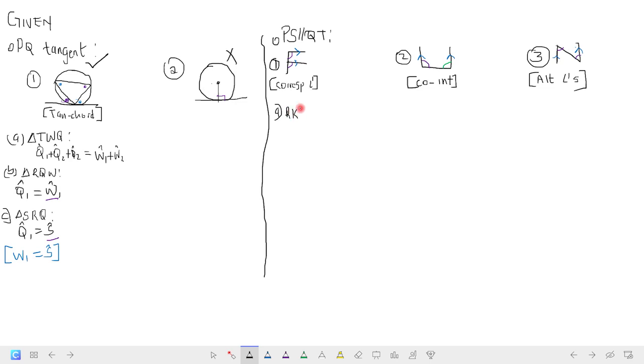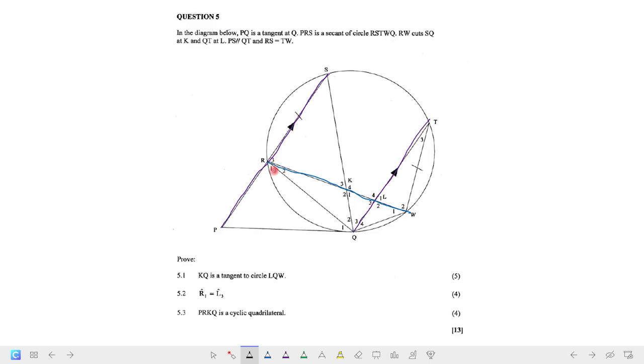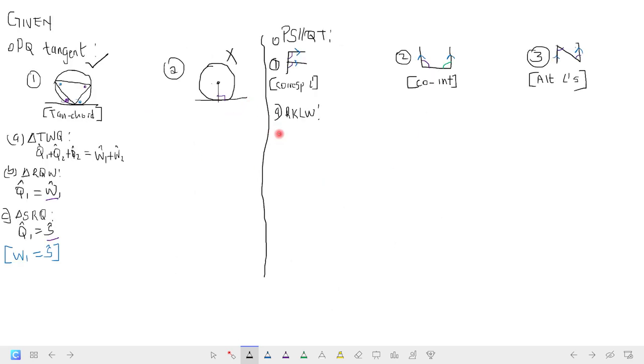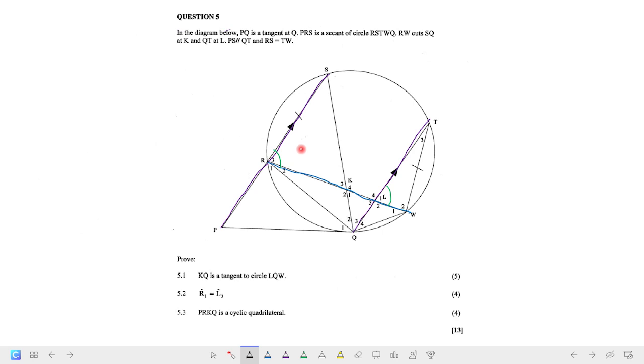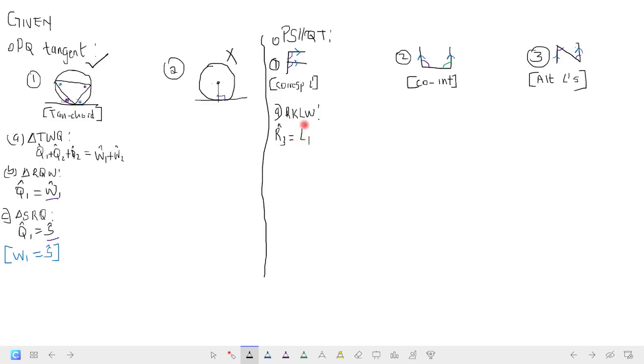So which means now what you're going to do here is say RKLW. So looking into that line, talking about the correspondings, I can see that this part is the same as that part, so it means R3, let me just write here, R3 is the same as L1, right?